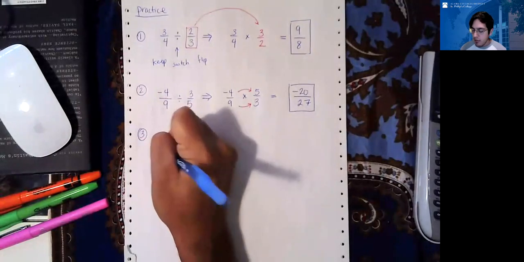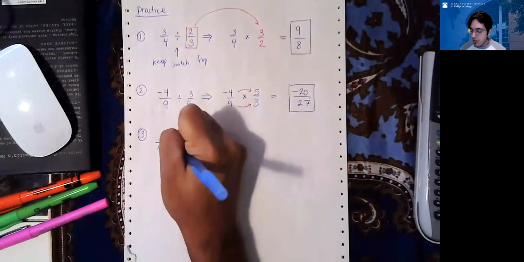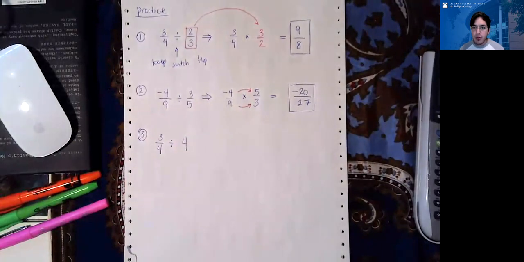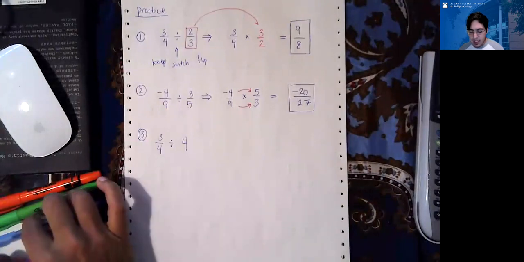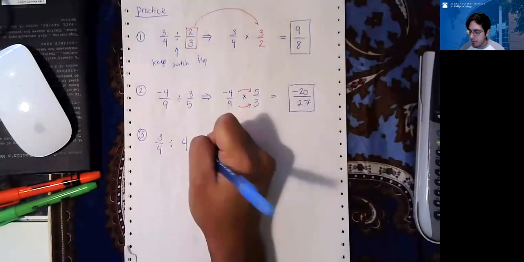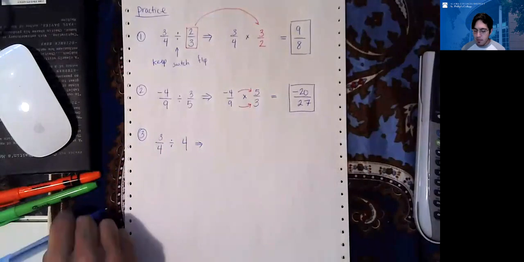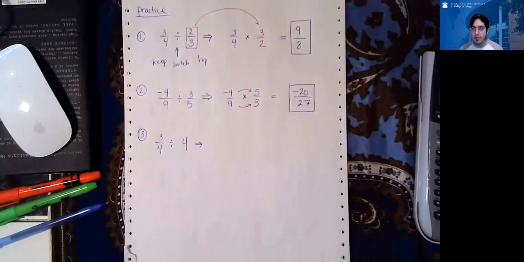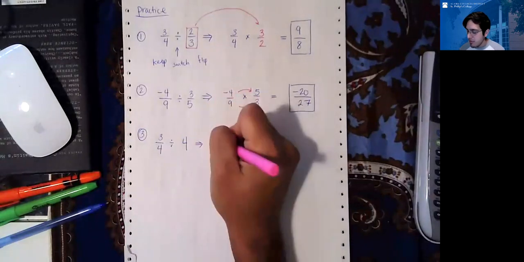Okay. If I have 3/4 divided by the whole number 4, does anybody know what the first step we have to take to process this problem? Anybody at all? So you keep, switch, flip 3/4, and then you're going to change the division to multiplication.